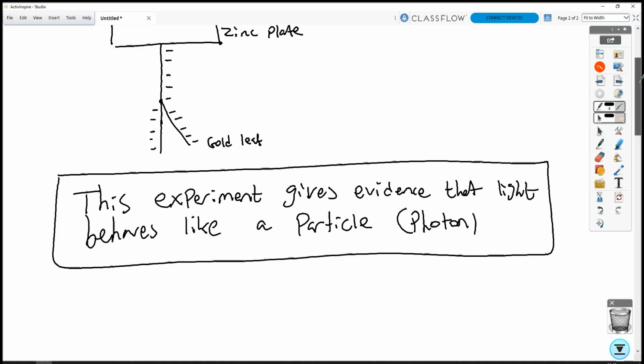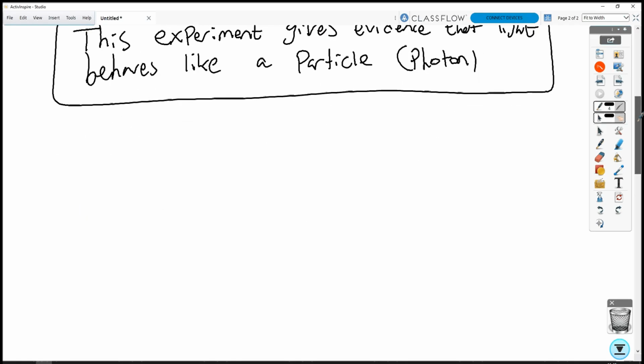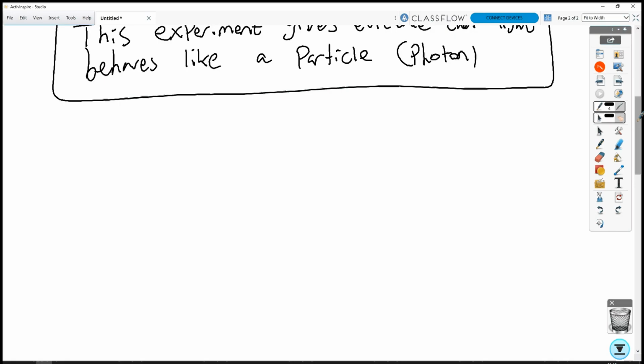So now we want to look at what happened in this experiment. So, light. It's not a wave. It's not a particle. It has wave-particle duality.